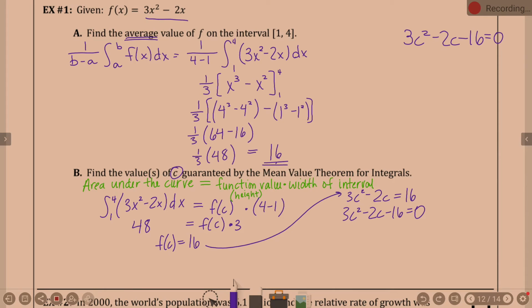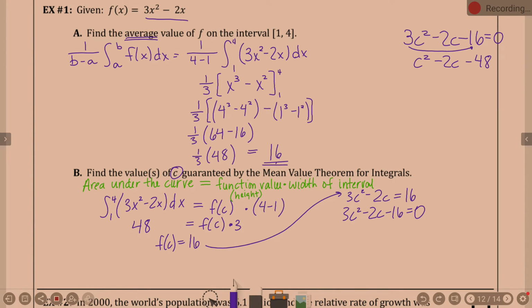Okay? So, we're going to slip. I think this is what it is. I don't remember the exact vocabulary. But we're going to take the 3, and we're going to multiply it over there. So if I multiply that over there, c squared minus 2c minus 3 times 16 is 48, yes?